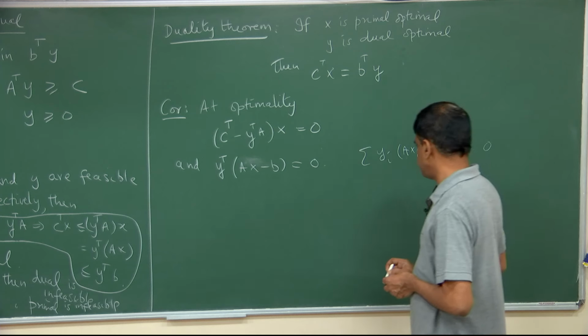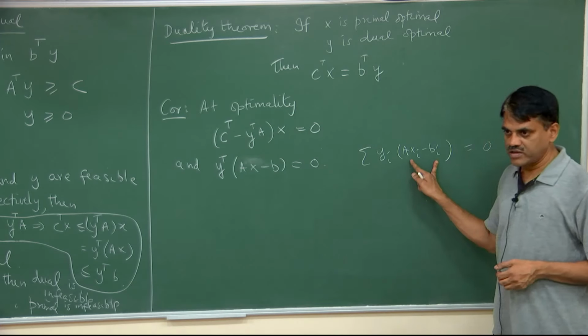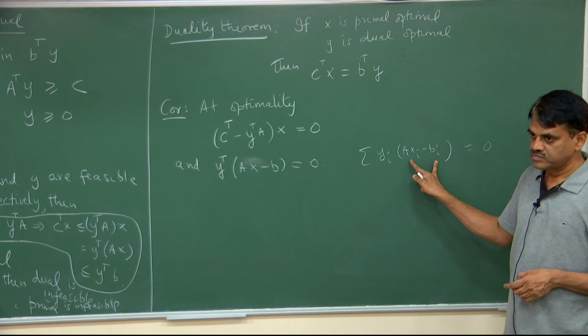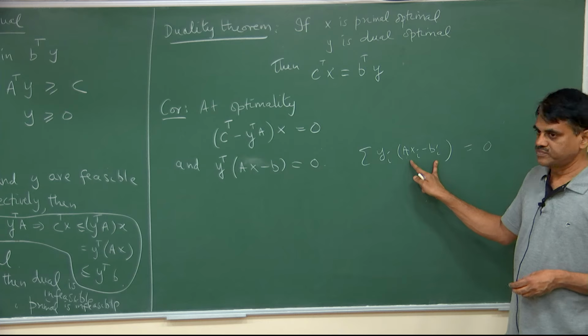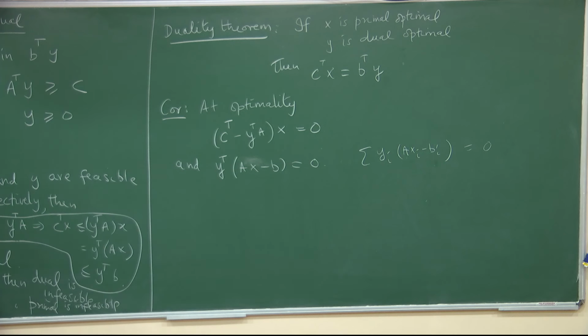So what happens if this constraint is not an equality? What does that mean? What can you deduce? Remember, this is a bunch of constraints. You have various constraints here, and at optimality some of these constraints may be satisfied with equality, some would be less than or equal to.